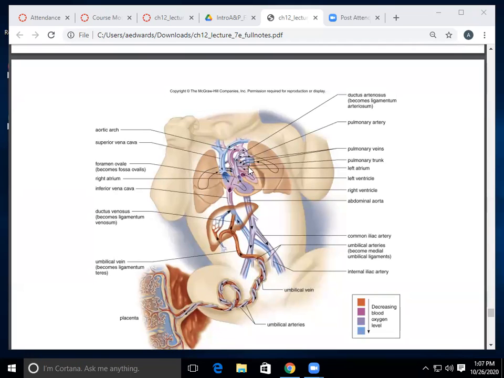So here's the fetal heart. Blood in the right atrium can move into the left atrium via this foramen ovale, this oval-shaped hole.